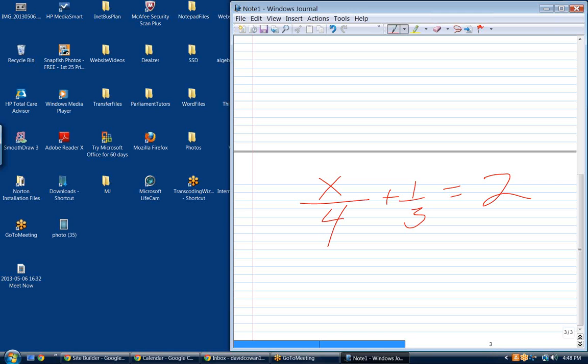No? We can do a couple things. Usually, your first goal is to get x isolated on one side all by itself. That's your goal when you're solving these equations. So usually the first step is to move any constants to the other side. In other words, we want the constants on the right side, the terms with the variables in them on the left side. So let's subtract 1/3 from both sides. So x over 4 equals, what is 2 minus 1/3?